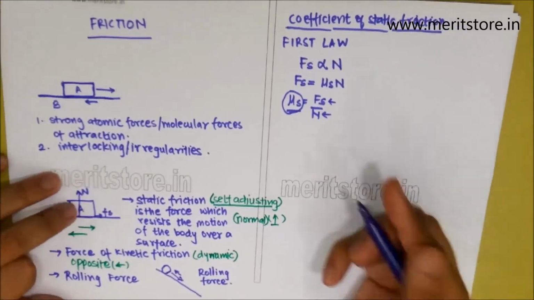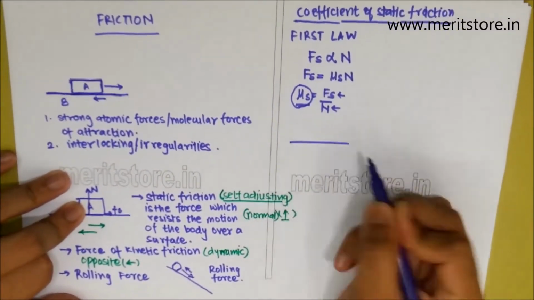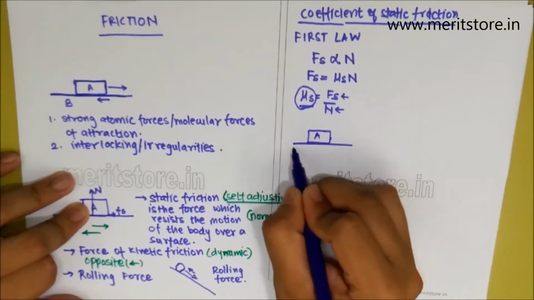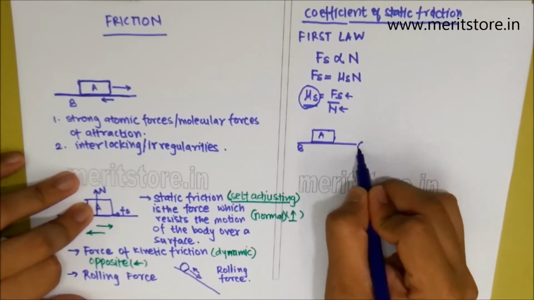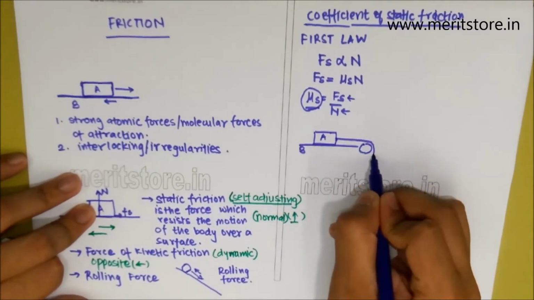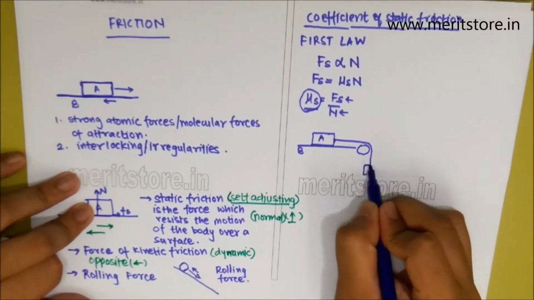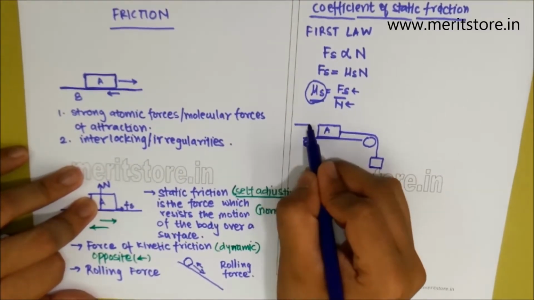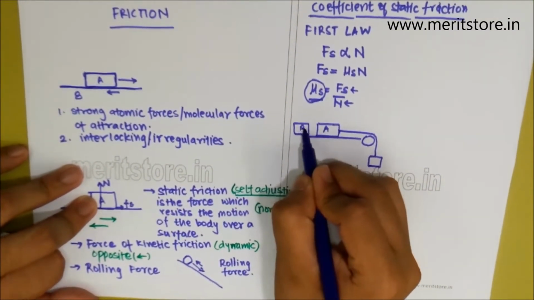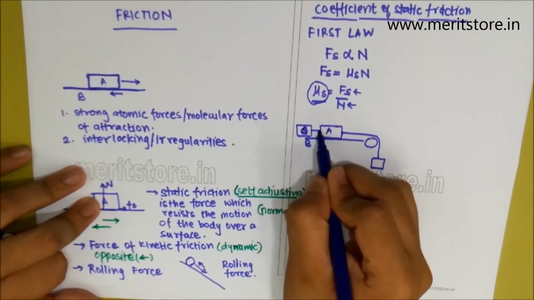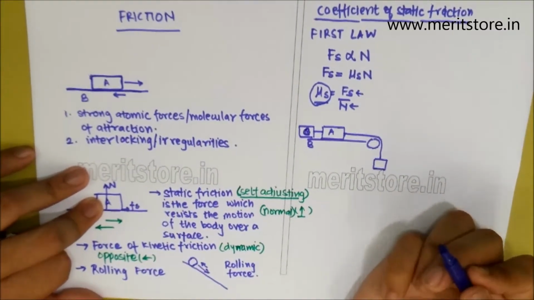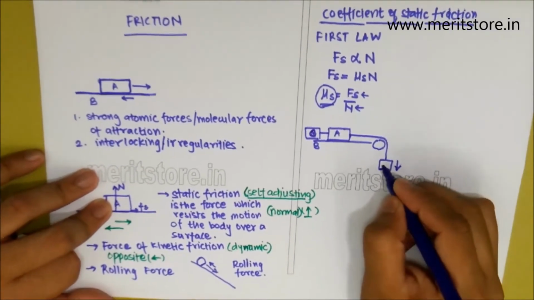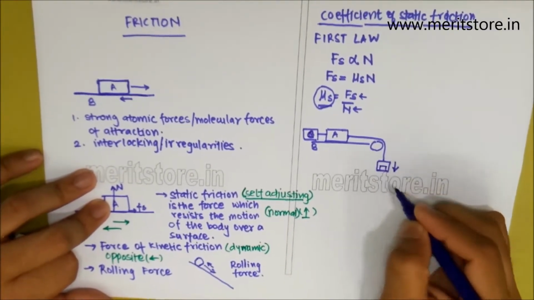Let's take an example. We have a body A placed over body B. I have a pulley and I'm going to pull this with weights. Let's attach another body C to body A. So as I pull this, as I increase the weights, I'm going to place weights here.